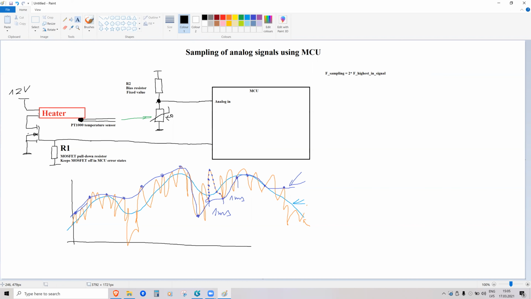Because you will look at this heater and you will measure its time response. So for example, you look at its step response. You turn on the heater and then you want to know how quickly it heats up to the maximum temperature. So you turn it on and it's something like this, and you measure that it, for example, reached almost the top temperature within, for example, 5 seconds.